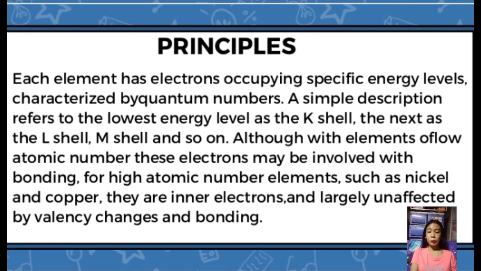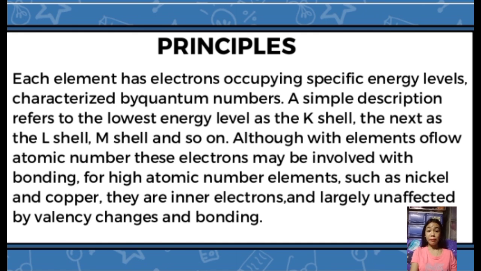For elements with low atomic numbers, such as hydrogen and helium, the electrons in the outer shells are often involved in bonding interactions. These valence electrons dictate the chemical properties and reactivity of the elements, enabling them to form bonds with other atoms.